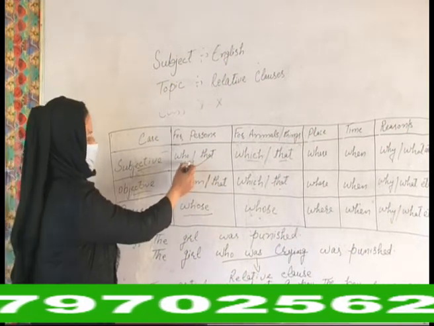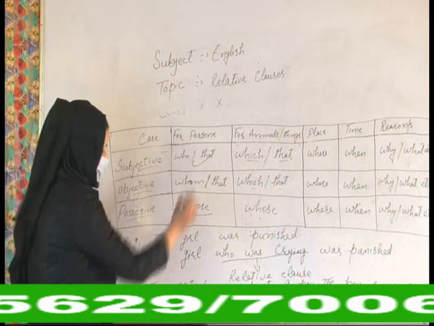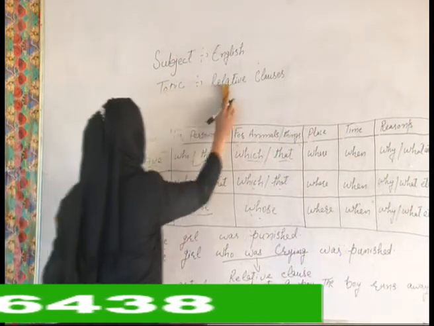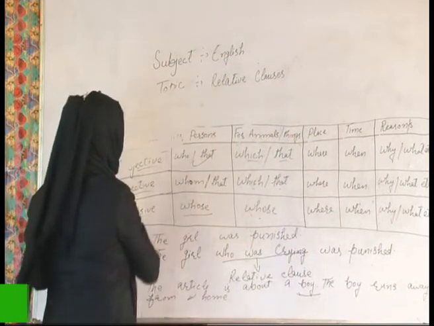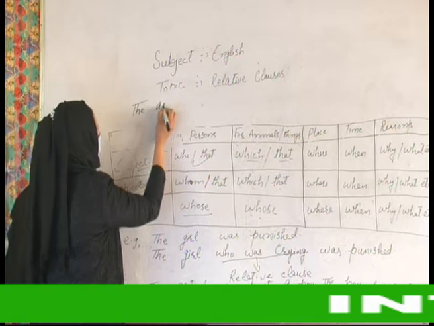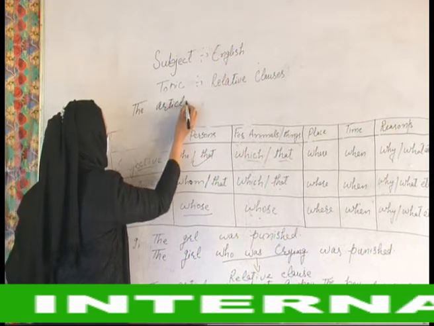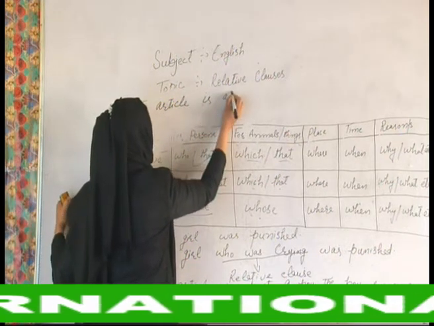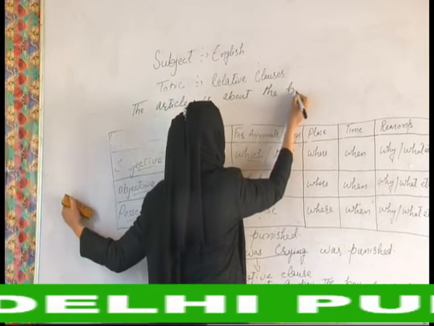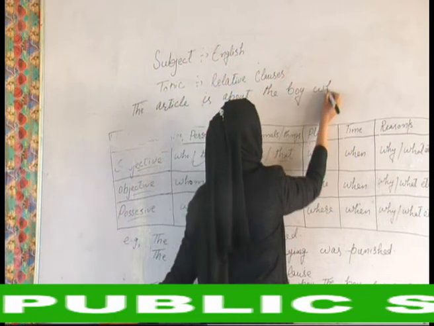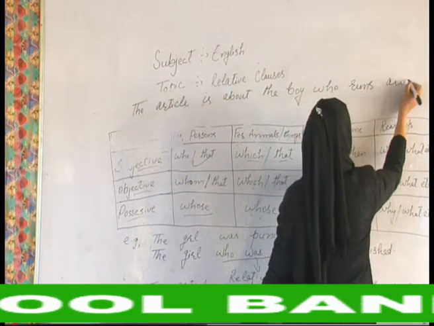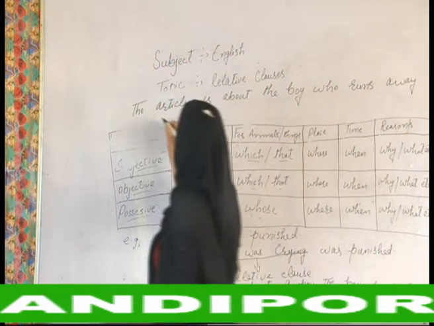So we change it into a relative clause like this: the article is about the boy who runs away from home.